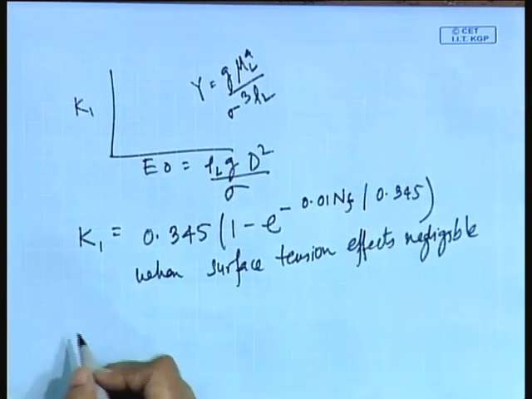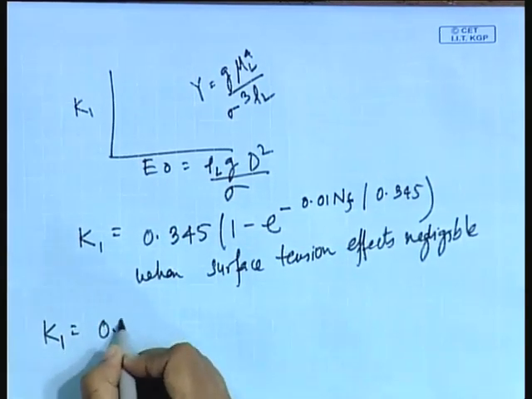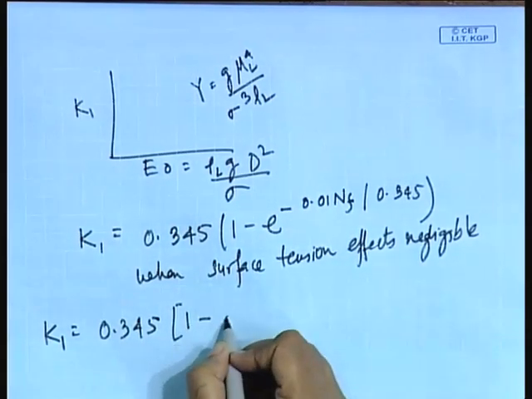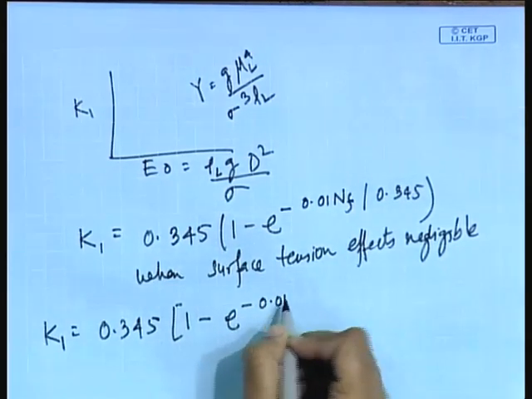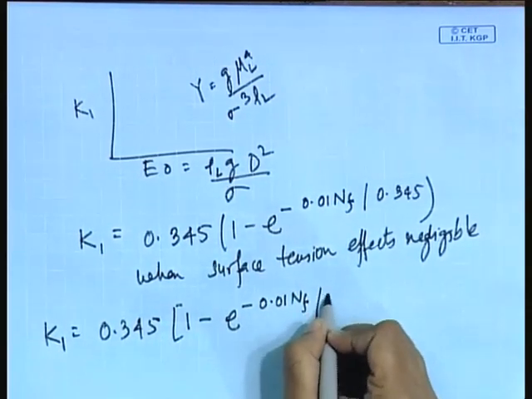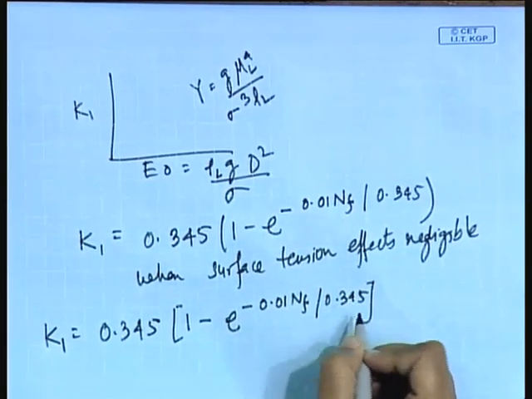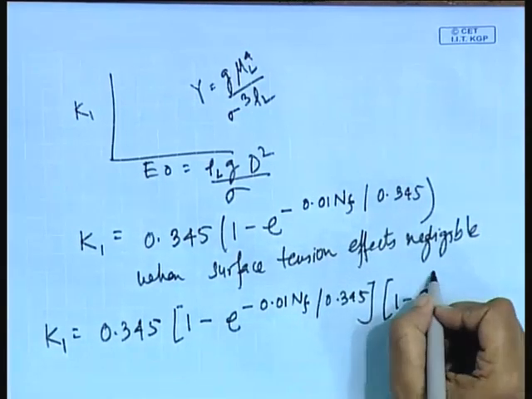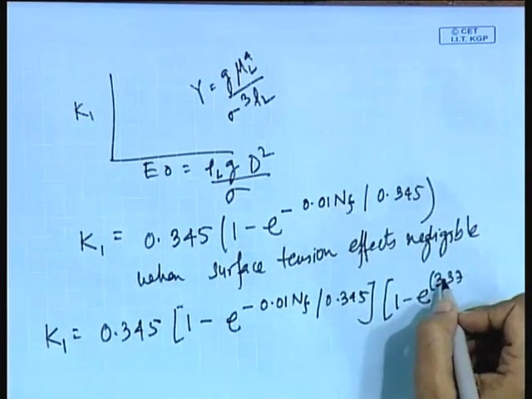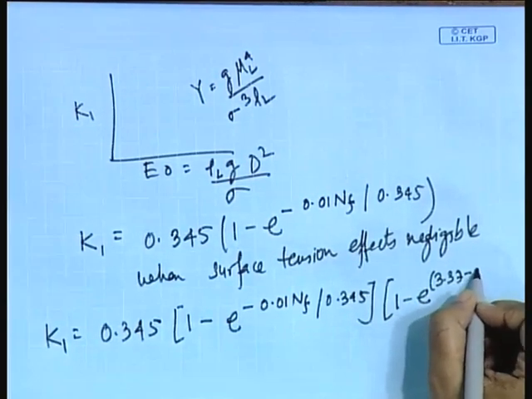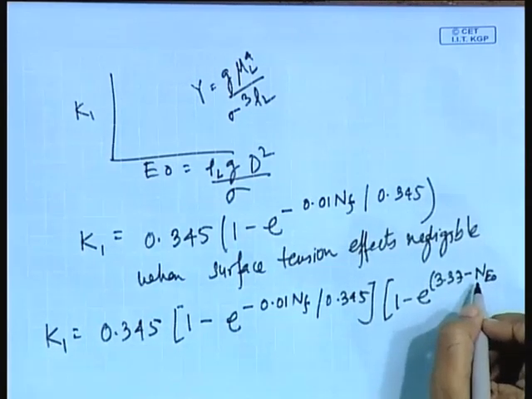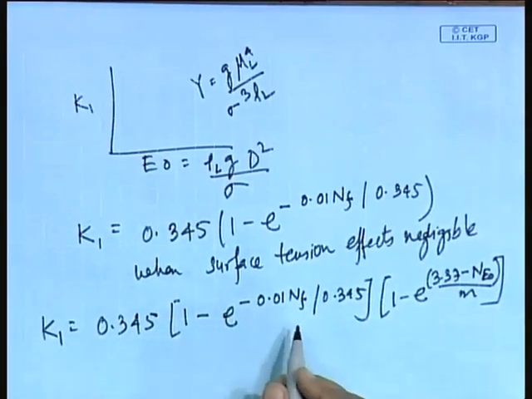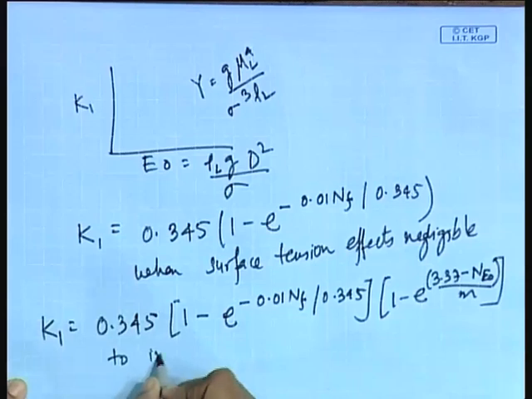And when surface tension effects are not negligible, then this can be written down as 0.345 1 minus e to the power minus 0.01 NF by 0.345 into 1 minus e to the power 3.37 minus Eotvos number divided by m. So, when all effects are there to incorporate surface tension effects.